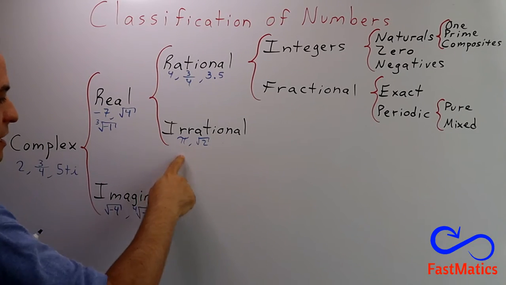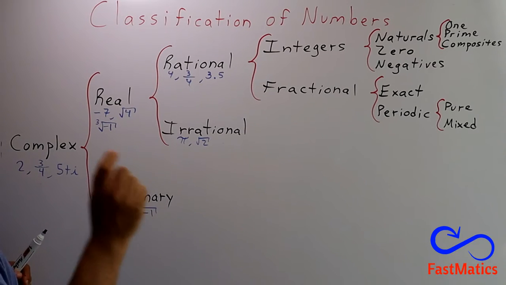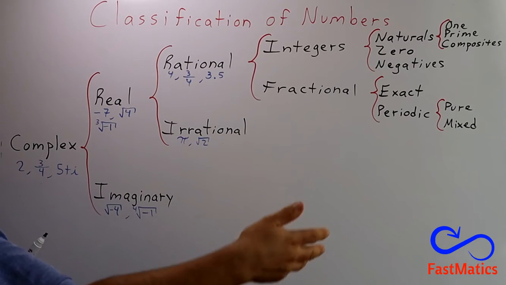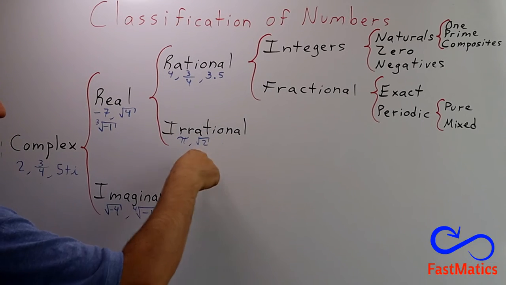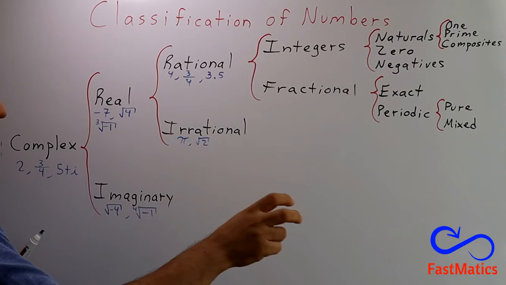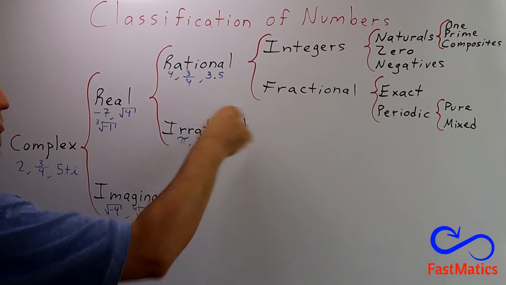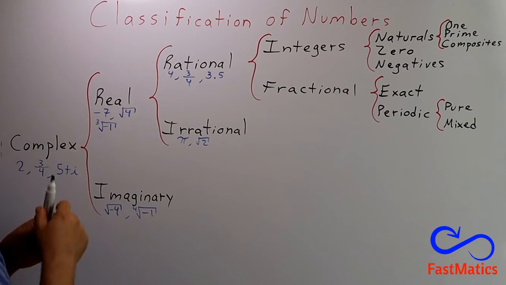For instance, pi is 3.1416 52, etc. And you will never repeat those decimals. Also, square root of 2. In general, some square roots will give you irrational numbers, but all others are rational.